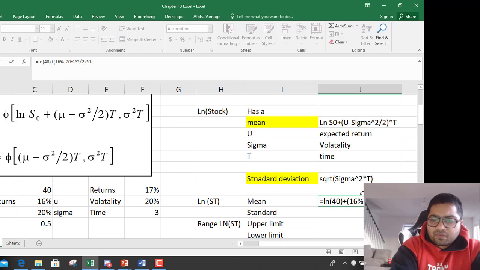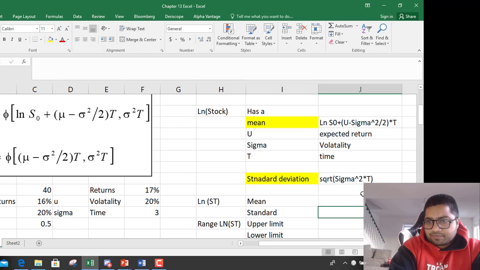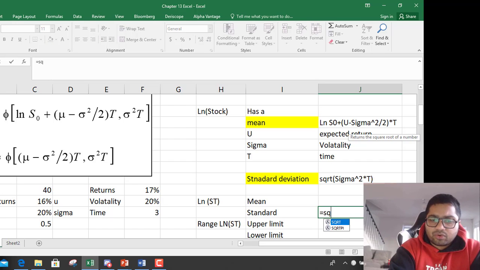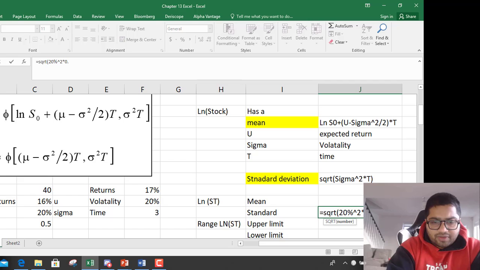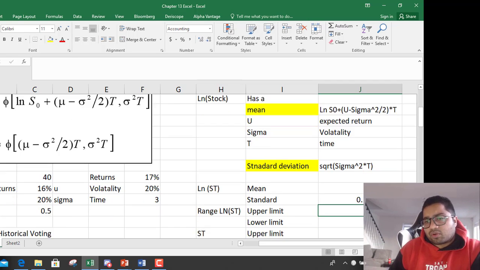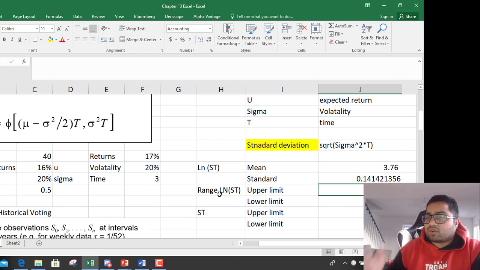T is 0.5, 6 months. So we found the natural log mean. We can also find the natural log standard deviation. So it is the square root of sigma squared times t, so 20% to the power 2 times 0.5. So it is 1.14.